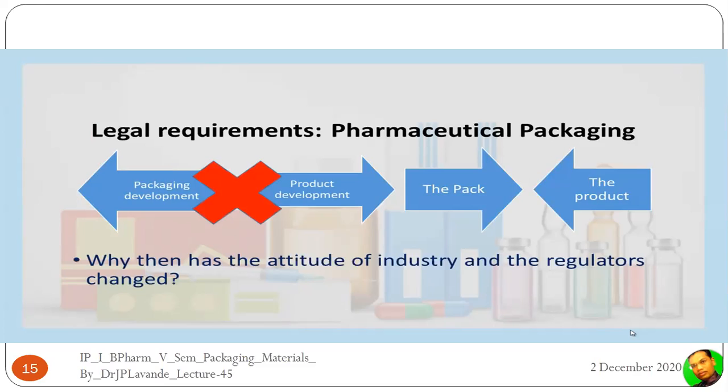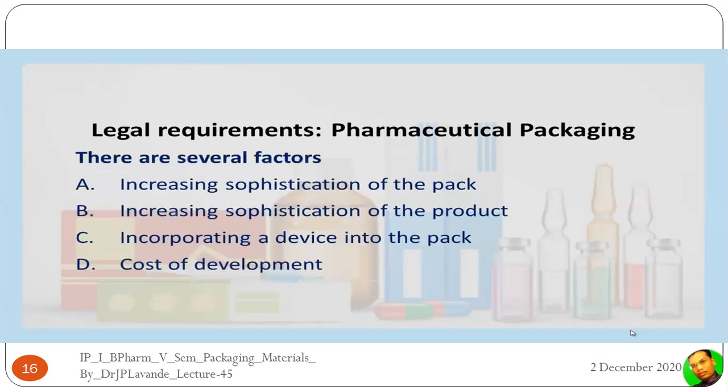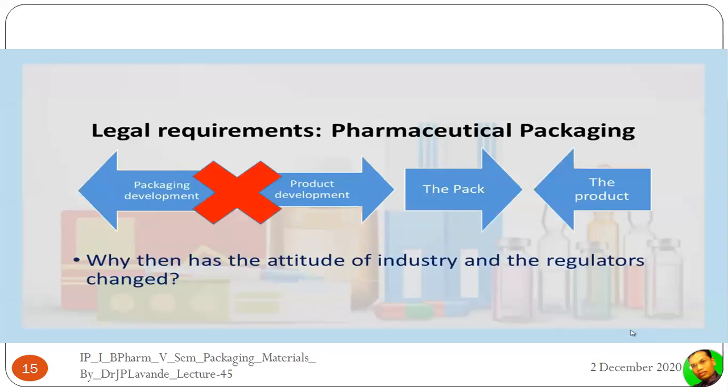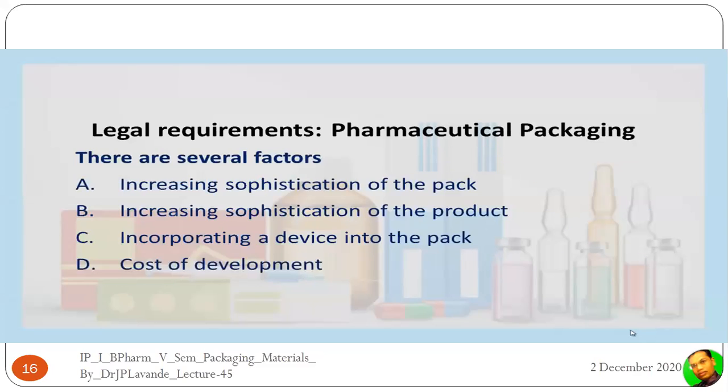And why has the attitude of industry and the regulators changed? There are different requirements, there are different pharmaceutical packaging aspects, and these are the several factors that explain why the requirement or the attitude of the industries and the regulators has changed toward pharmaceutical packaging.